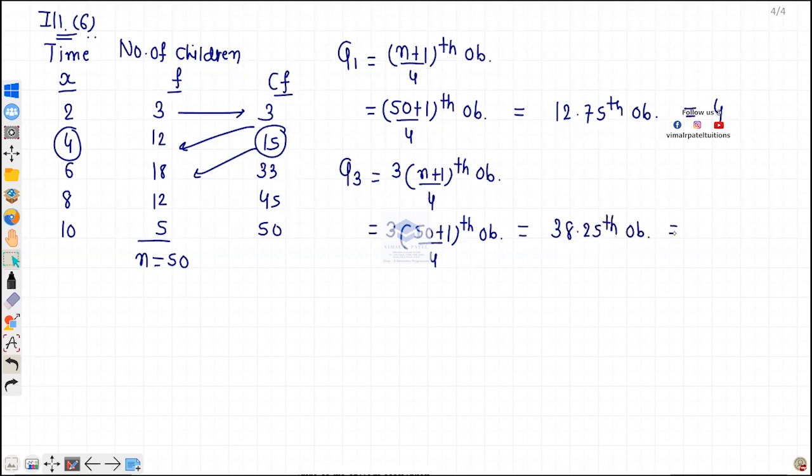Again, look into the cumulative frequency column. 45 will include 38.25, so the respective value of x for that cumulative frequency is 8. So your Q3 is 8.